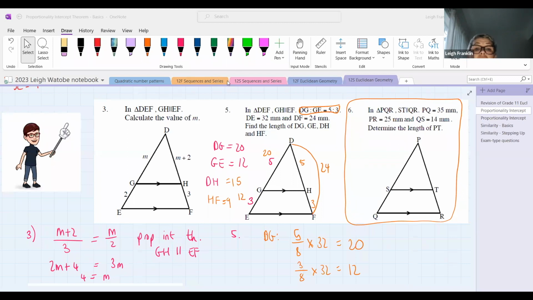Oh, absolutely. If you add the 5 and the 3 together, that's why I am dividing by 8. So DG is 5/8 of DE. That's quite right.